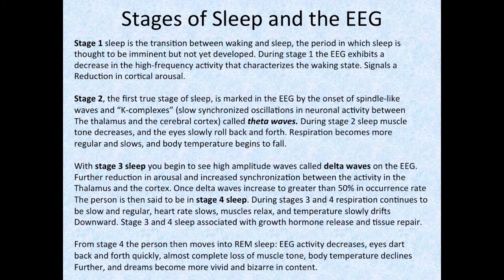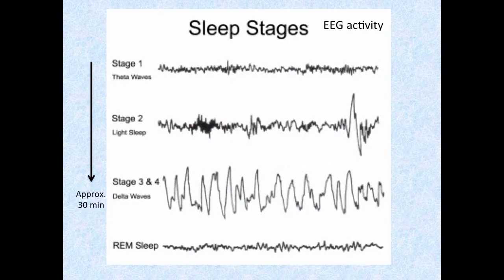So we're going to look at these 4 stages of sleep with respect to the changes that we see in EEG and also other changes in the body. Looking at the stages of sleep, 1 through 4, and then REM sleep, which is our stage 5. With respect to EEG, stage 1 sleep is actually the transition between waking and the sleep state.